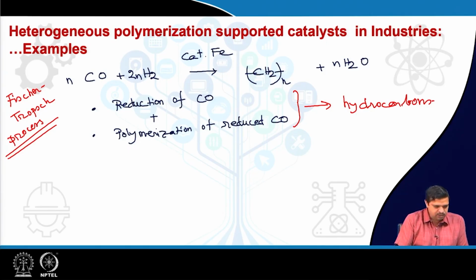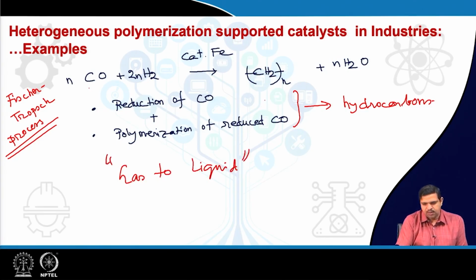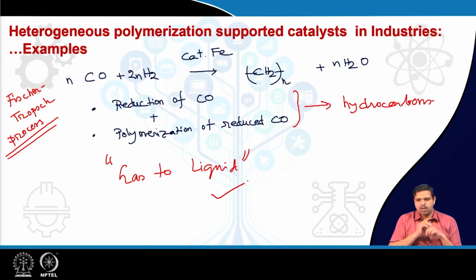And this reaction is popularly called gas to liquid. So, you will see here you are using two gases and you are getting a liquid, that is like low molecular weight alkanes. Okay. So, that is also popularly what we call gas to liquid. One of the very important heterogeneous industrial processes for heterogeneous catalysts.